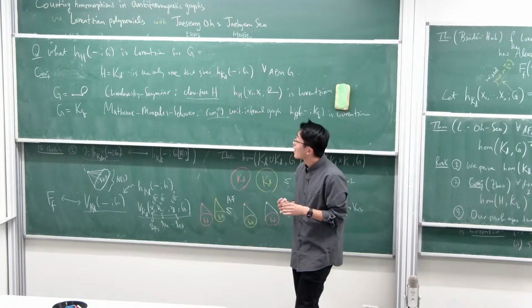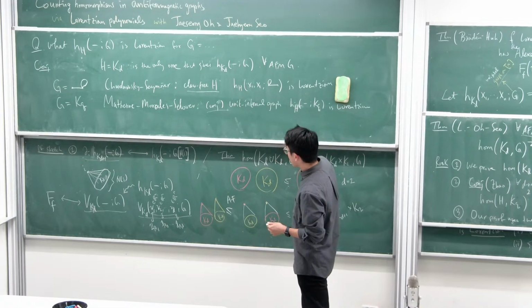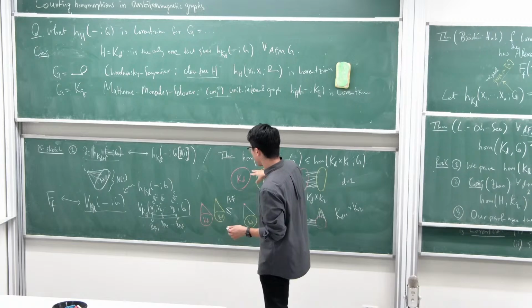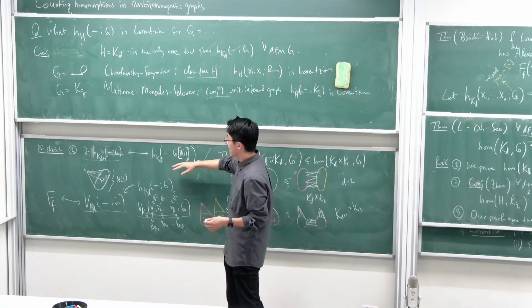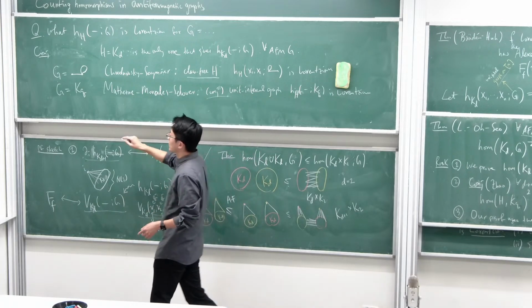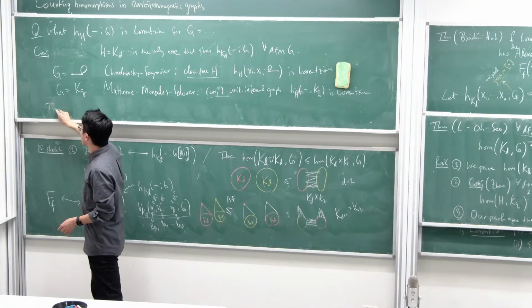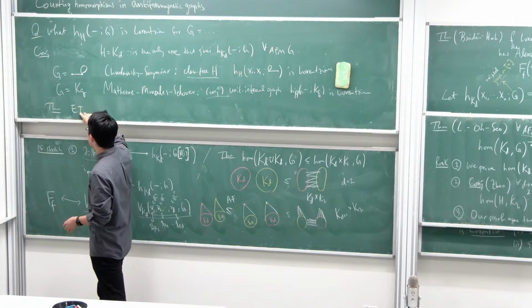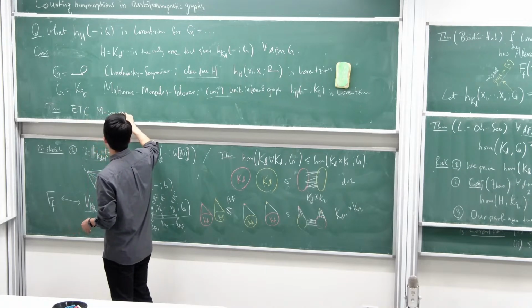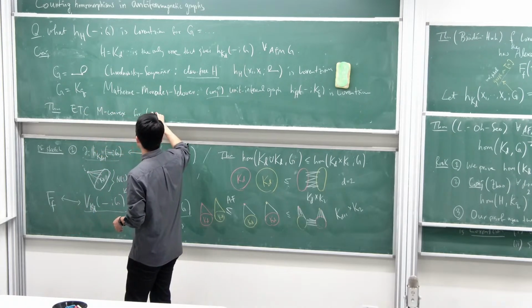So somehow, for these two conditions, I erased the second, but this is somewhat harder. So M convexity, we have another theorem saying that it is enough to check the M convexity for G equals KQ.